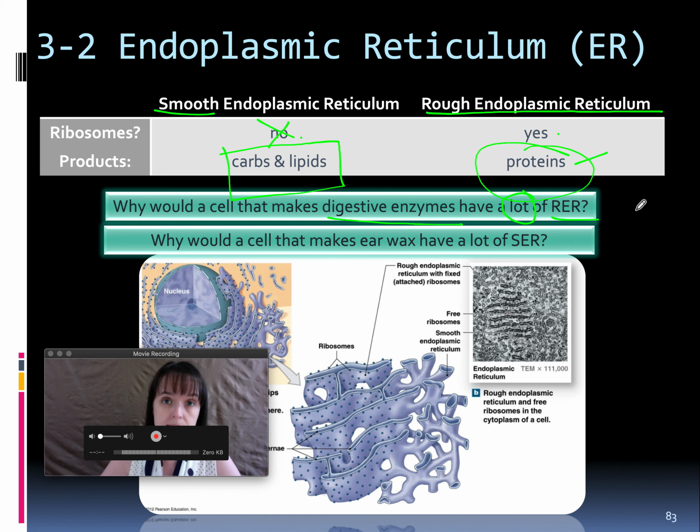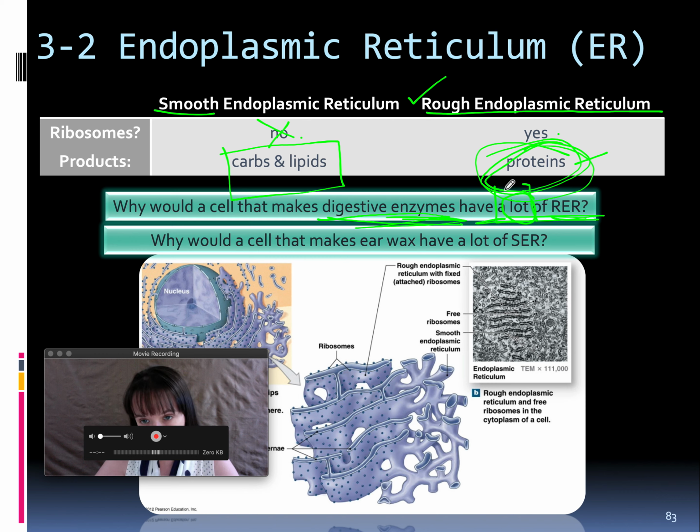Well, what did we say about enzymes twice this semester already? That all enzymes are proteins. And what makes proteins for use outside the cell? The ribosomes of the RER. So you would expect any cell that makes digestive enzymes to have a lot of RER.